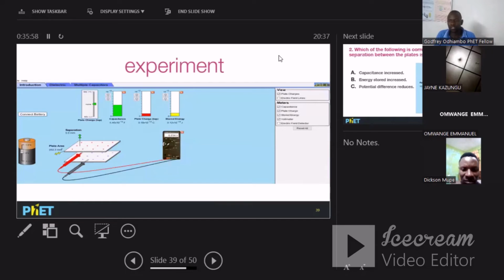After that, the students will carry out, or the teacher will do, a demonstration with the sim. The students will look at the capacitance, the plate charge and the stored energy using the sim, and confirm whether the initial answer given was correct or wrong.